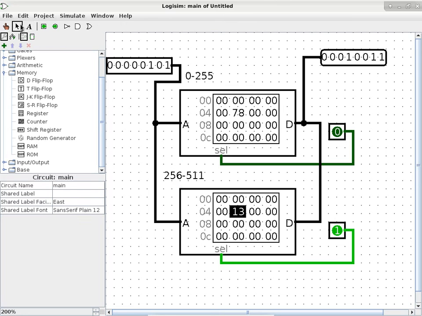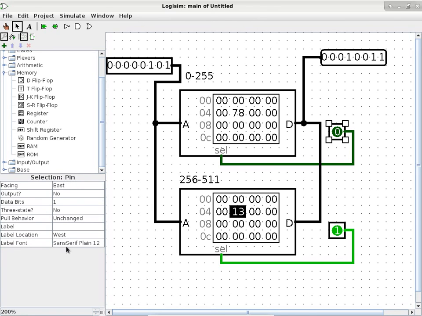Given this particular ordering, this pin here should be labeled, and this is just an industry standard, usually CS0 for chip select 0, and the other one is going to be CS1 for chip select 1. It is the selection pin of chip 0 or the selection pin of chip 1. Is that answering your question? Why I picked the top one to be chip 0 is just random assignment at this point.